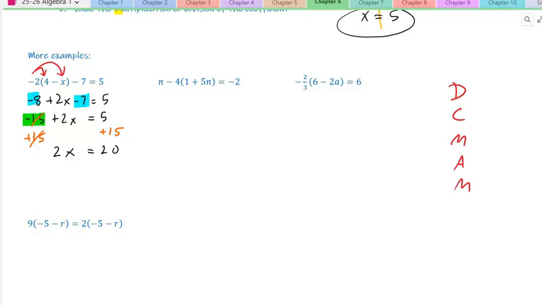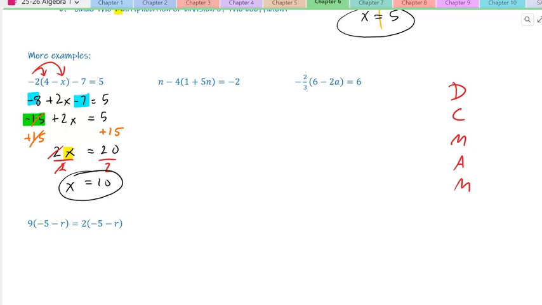Last step, we want to know what is the value of x, and so we are going to divide by the coefficient, undo the multiplication, divide by the coefficient of 2, and we are left with x equaling 20 divided by 2, which is 10. And there you have it.